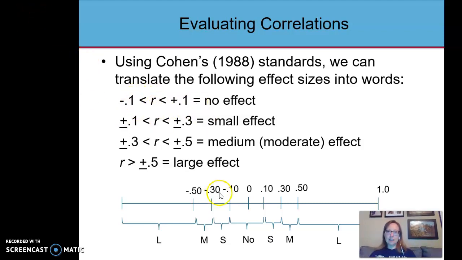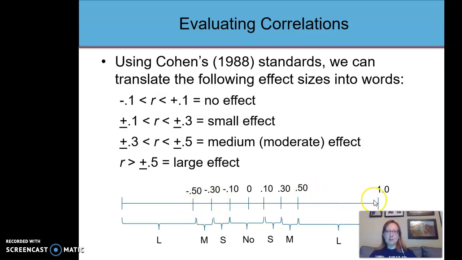So if we get an r value that is between 0.1 and -0.1, so here in the middle, that's going to suggest we really don't have a relationship between the two factors. We would say no correlation. If we get something between 0.1 and 0.3, either on the positive side or the negative side, we would call that a small effect or a small relationship. If we get a relationship between 0.3 and 0.5, positive or negative, we would consider that medium or moderate.